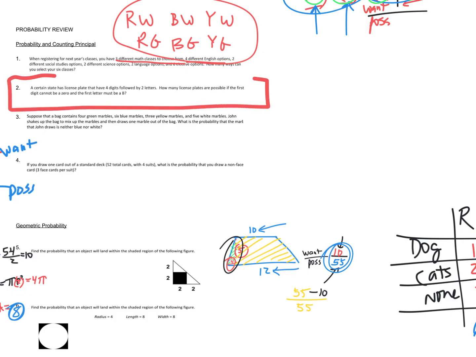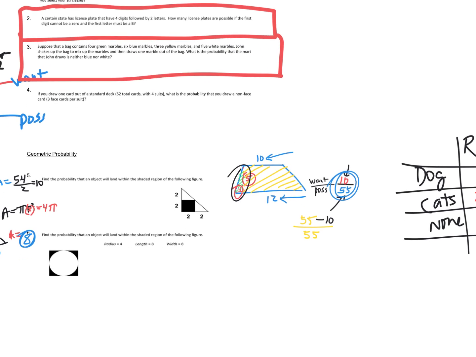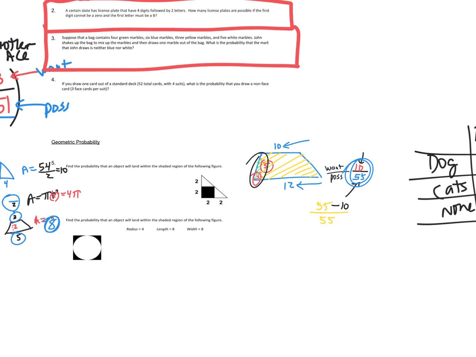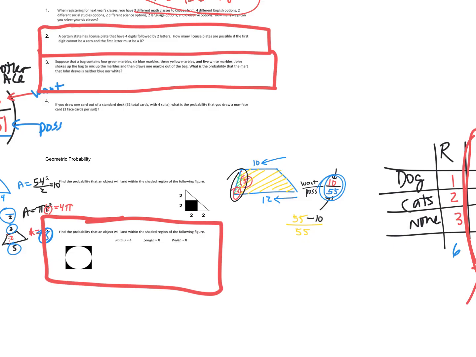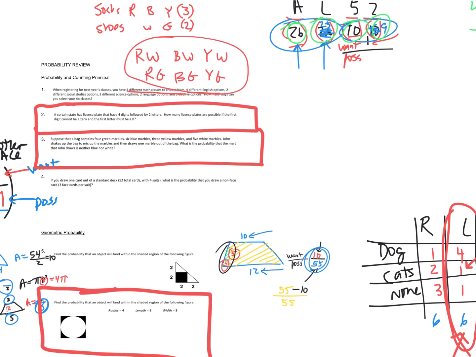Number 2. Number 3. Number 6. 2, 3, 6. Possible. And this is the first part of your homework, is to do this.